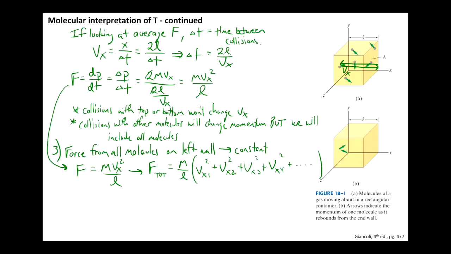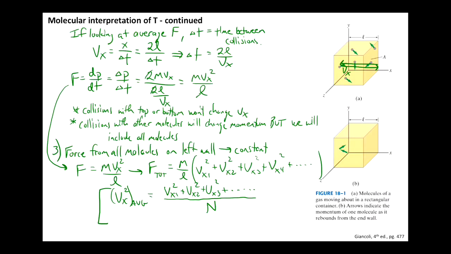And let's see how we could switch that over to an average value. Let me go to a little aside here. We could say that vx squared average would simply be adding up all of the individual velocities and then dividing by how many I added up, just the way we calculate any average at all. So that's going to be vx1 squared plus vx2 squared plus vx3 squared plus however many of those we have, divided by the total number of molecules.